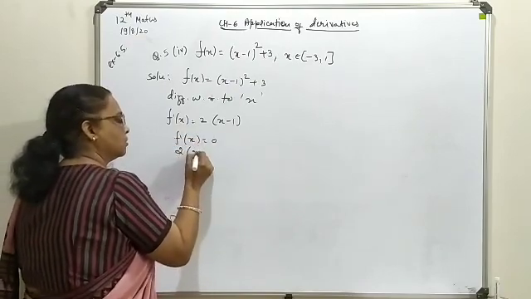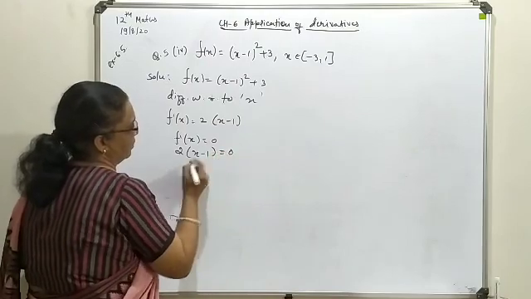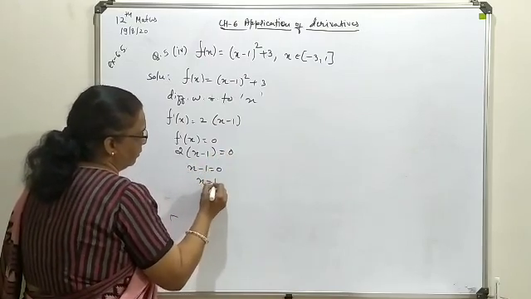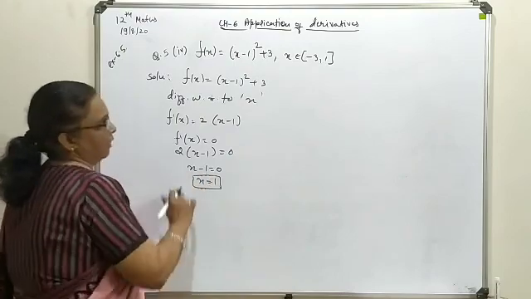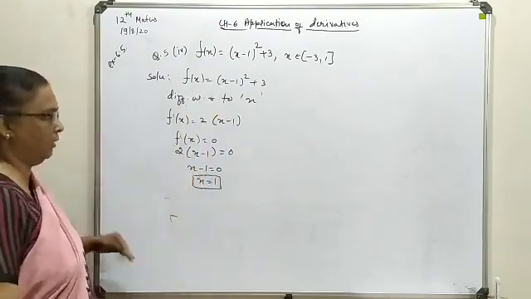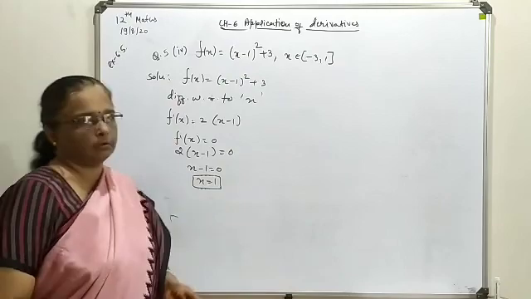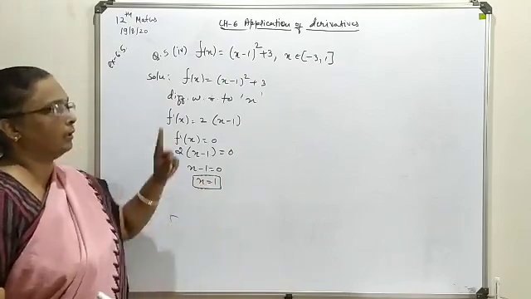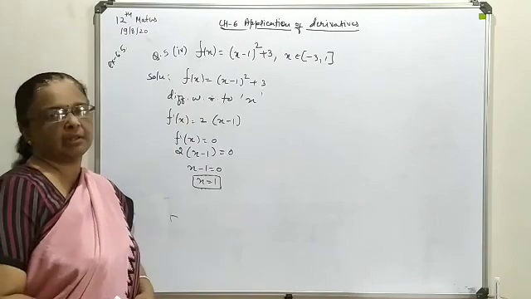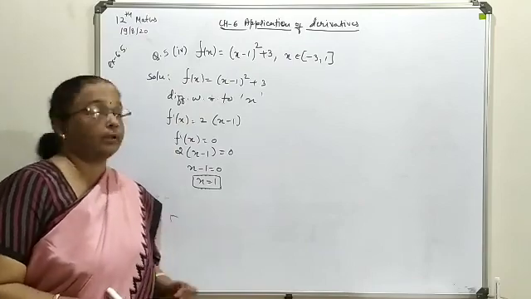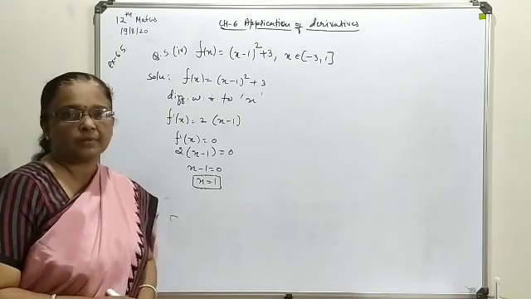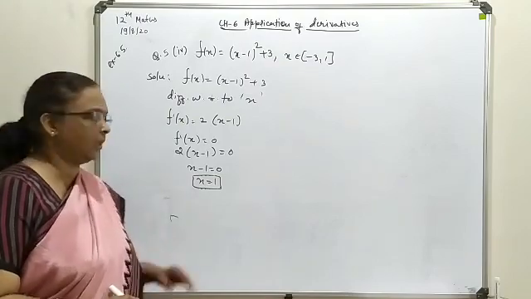That is 2(x - 1) = 0. x - 1 = 0 will give you x = 1, which is another extreme of this interval. So here in between we are not finding any point. So directly at x = -3 and at x = 1 we will find out the function value, that will give you the solution regarding absolute maxima and absolute minima.